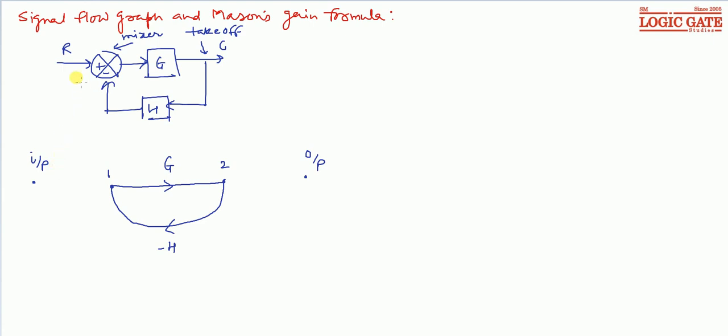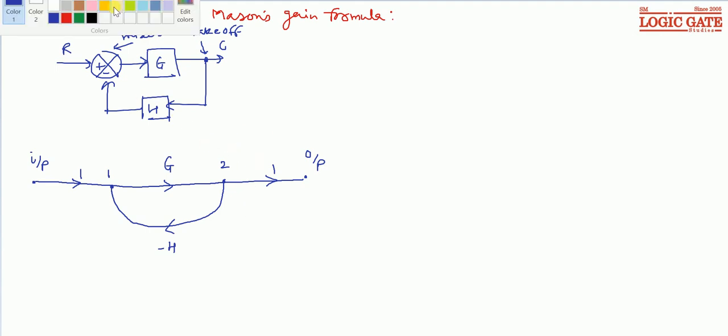And nothing is connected between the input node and the first node, so gain is 1 here. And nothing is connected between this takeoff point and the output, so gain is 1 here also. Now we will assign the node variables.